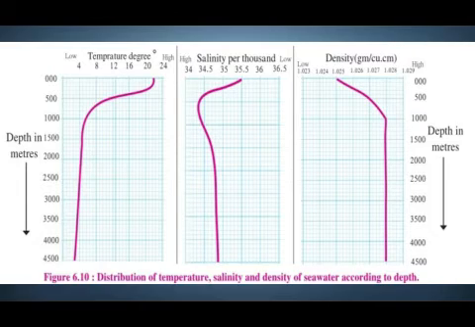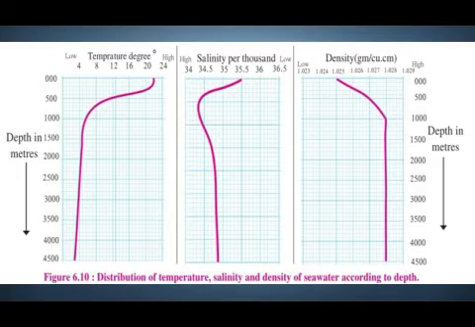The change can be seen up to a depth of about 500 meters. The slopes of the curves of the graph are different for all the three factors, that is for temperature, salinity and density. If you look at the graph, the slopes of the curves are different above the depth of 1000 meters.